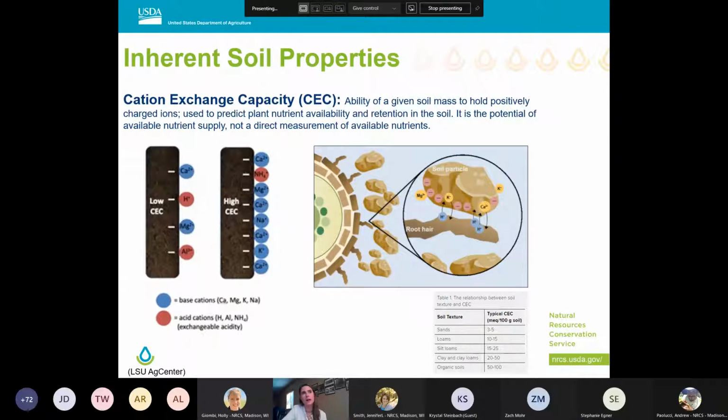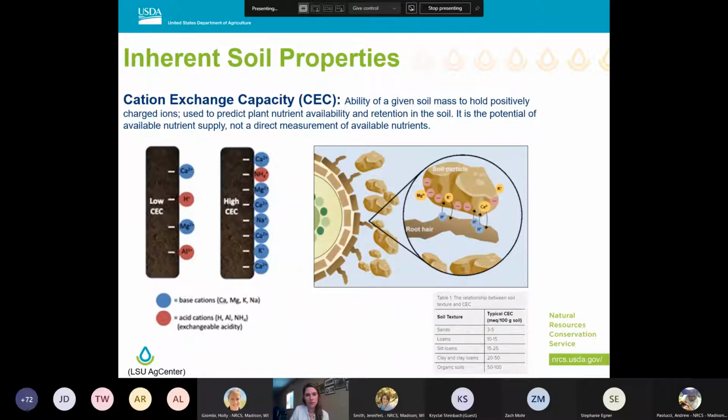Positively charged ions are called cations. You can see in that figure a soil with a low CEC only has a few holding places, whereas high CEC can hold many more. Roots produce their own environment where they can knock off cations on soil particles and then absorb them for plant uptake. So that's something to consider. This plays a big role in fertility of soils.